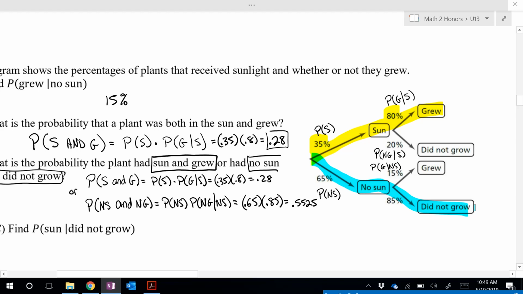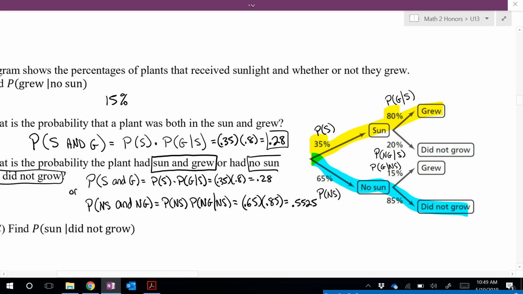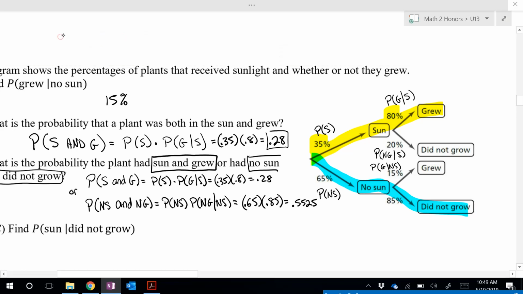They're mutually exclusive, which means we have the easier formula. We just add these two together, right? So 0.28 plus my 0.5525. What does that come out to be? 0.8325. So there's an 83.25% chance that I'll end up at one or the other.